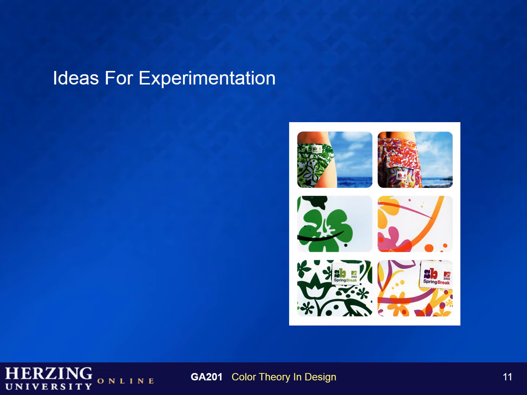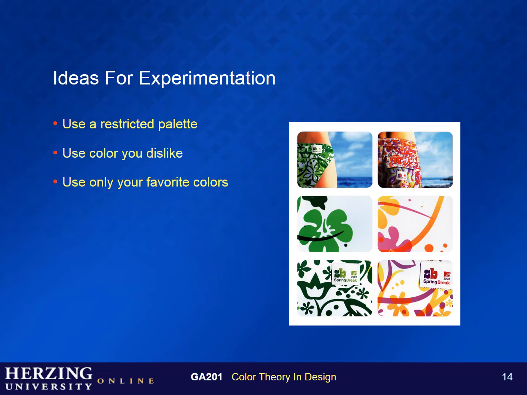Ideas for experimentation. Use a restricted palette. Impose your own limits on the range of colors. Try using colors you dislike to see if you can make a pleasing arrangement. Use only your favorite colors.